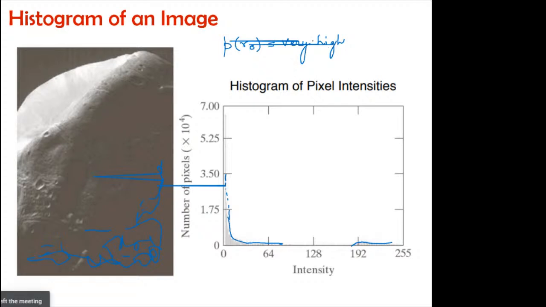और इसलिए हमने जब s naught कैलकुलेट किया तो वो आया 255 मल्टीप्लाइड बाय p r naught बाय डेफिनेशन. This p r naught is very high. 255 is also a high number. So therefore s naught is very high.